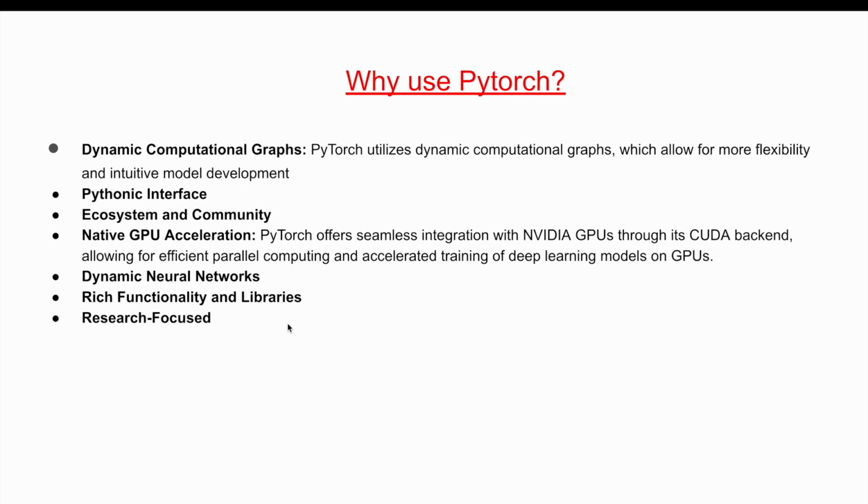We can say which companies use PyTorch. Right now, a lot of companies use PyTorch: Facebook, Tesla with their driving cars, Microsoft, Nvidia. So there are a lot of companies that currently use PyTorch, and it's becoming popular in the industry of machine learning and artificial intelligence.